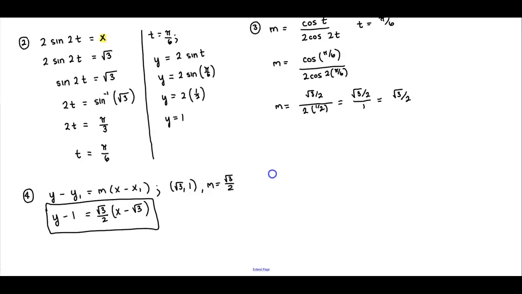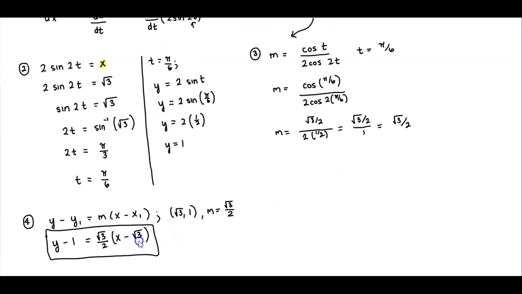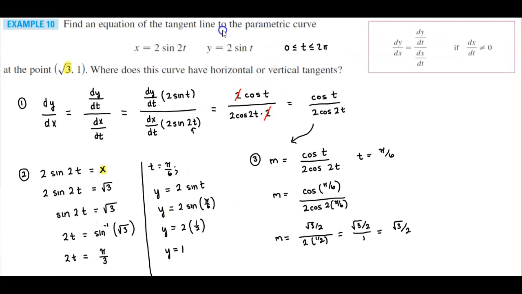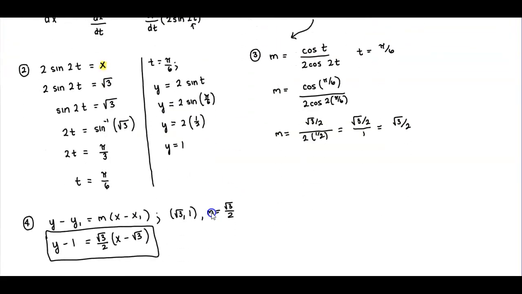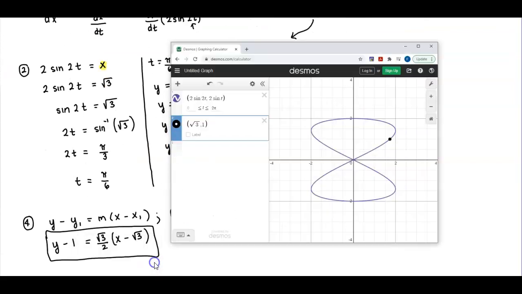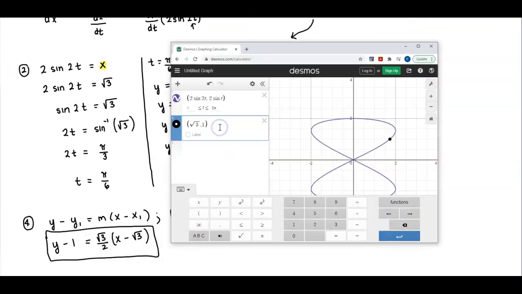So now we found the equation of our line. That is the line that is tangent to that curve. So let's go ahead and put that into our Desmos. We know that it should pass through that point. So we have y minus 1 equals the square root of 3 divided by 2 times x minus the square root of 3.